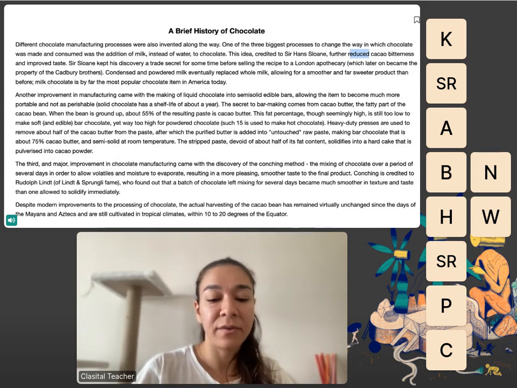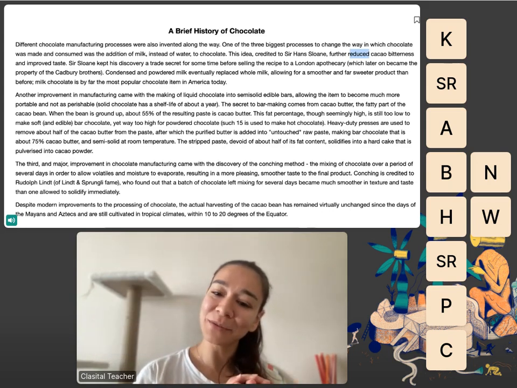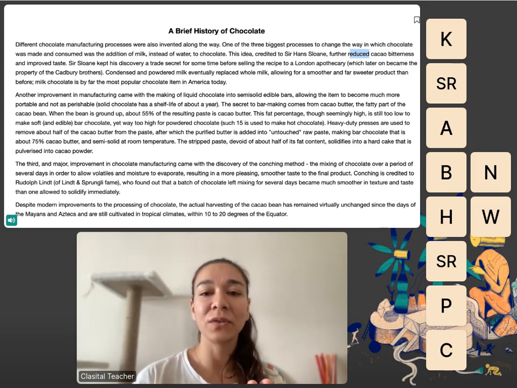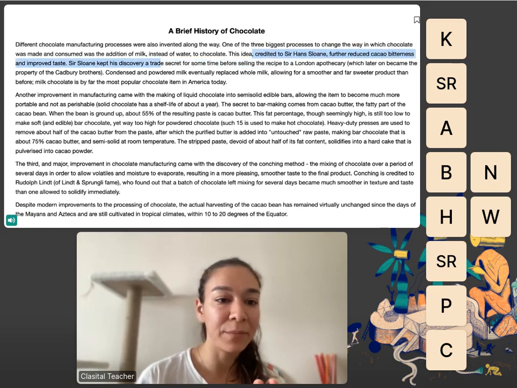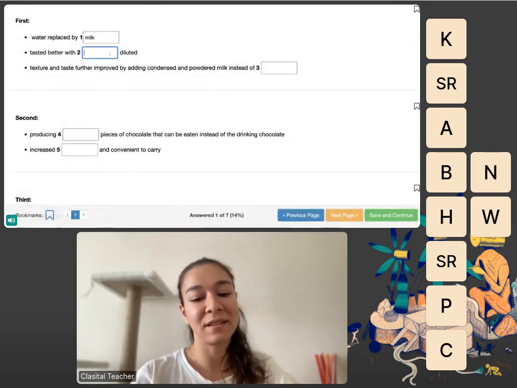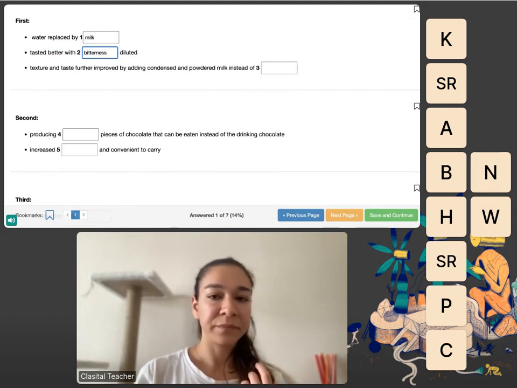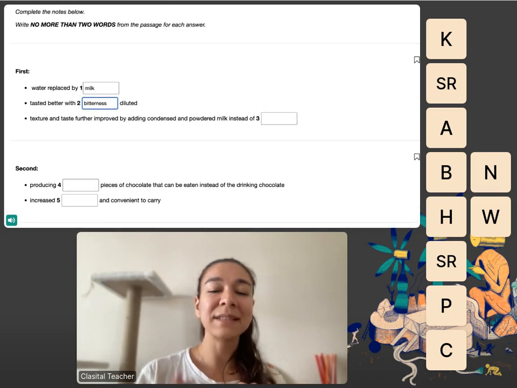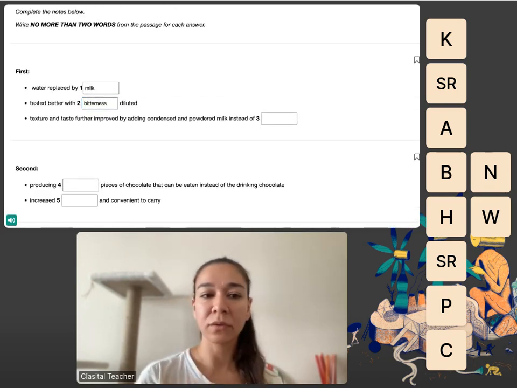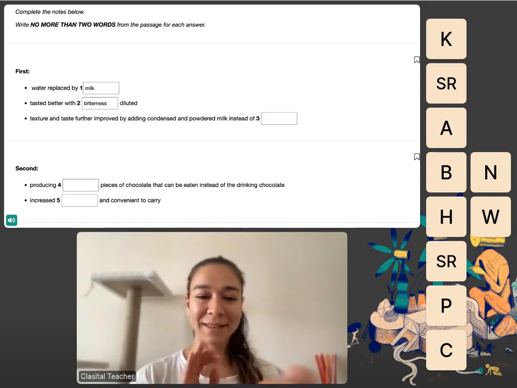They say reduce. This is the vocabulary of today. Diluted means reduce. So this idea credited to Sir Hans Sloane further reduced cacao bitterness and improved taste. So taste better with bitterness diluted. Is it more clear now? Is it okay now? With our word? I think yes, it should be.